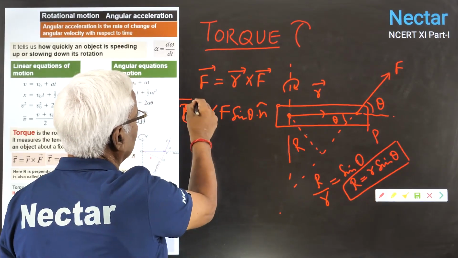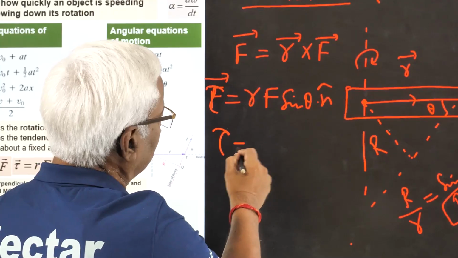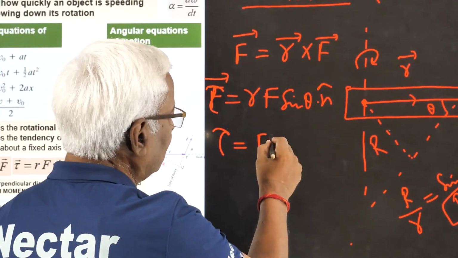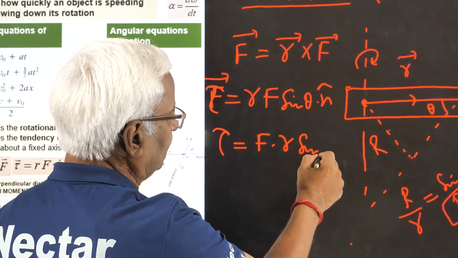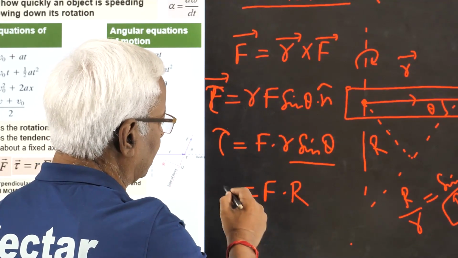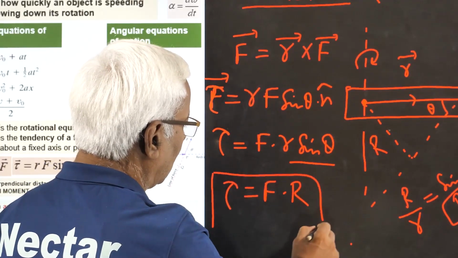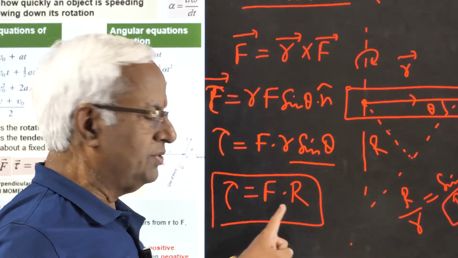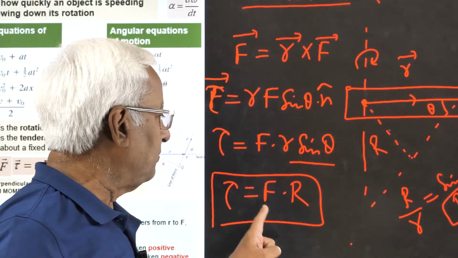Torque, taking the numerical value only, equals F r sine theta, and replacing r sine theta by capital R, it becomes F into R. Now that relation is converted into numerical form, simply with no direction.